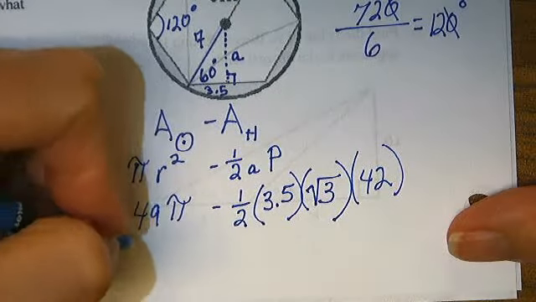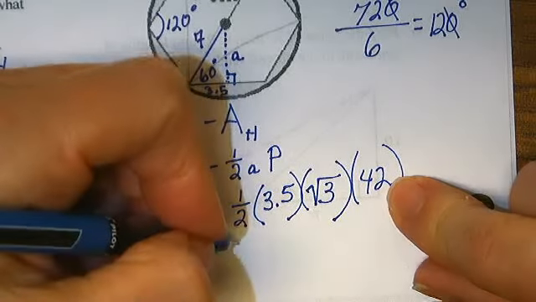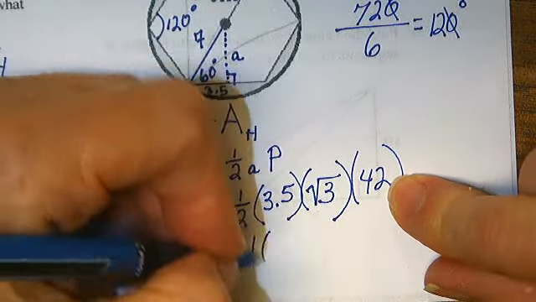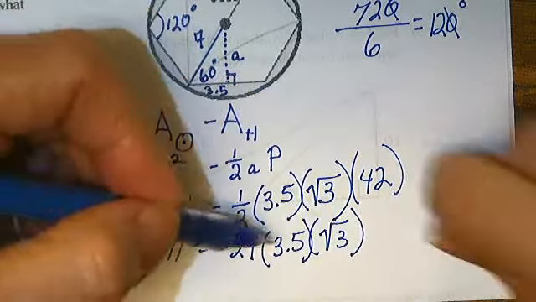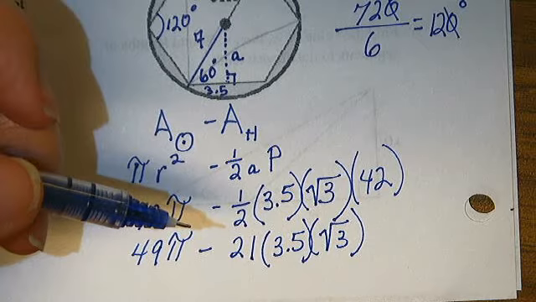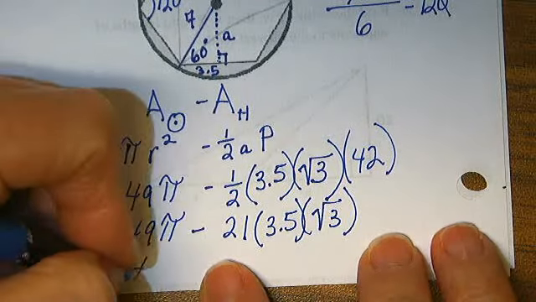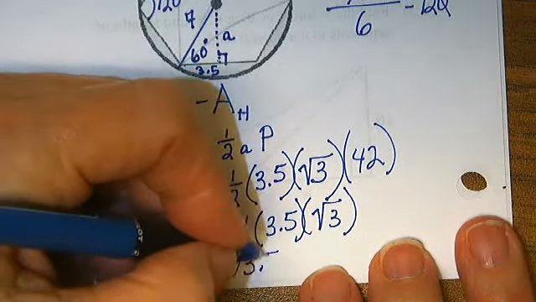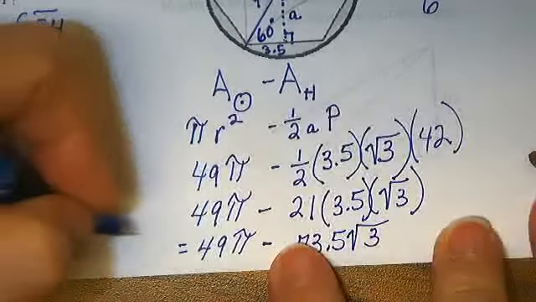So we have 49 pi minus 21, half of 42, times 3.5 times the square root of 3. 21 times 3.5 is 73.5. 49 pi minus 73.5 times the square root of 3 is the area of the shaded region.